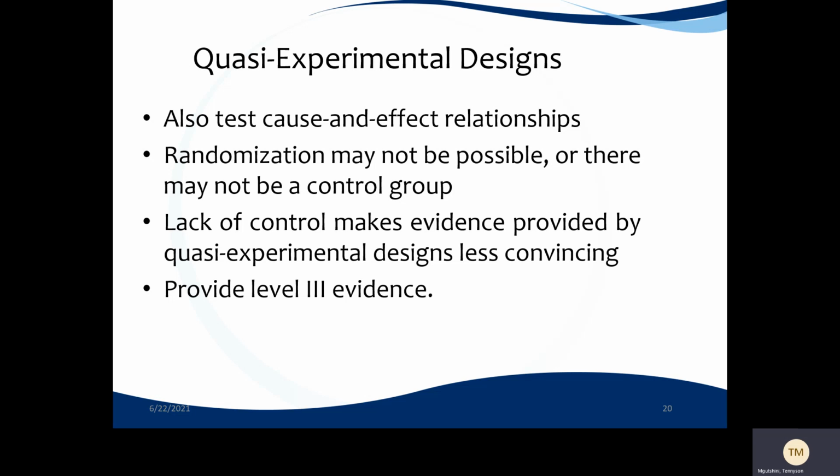Basically, with a quasi-experiment, by virtue of it being called an experiment, it always involves a manipulation, but it may not have the other two things. It may not have control, it may not have randomization. But if an experiment has two of the three characteristics of a true experiment, then we call it a quasi-experiment.